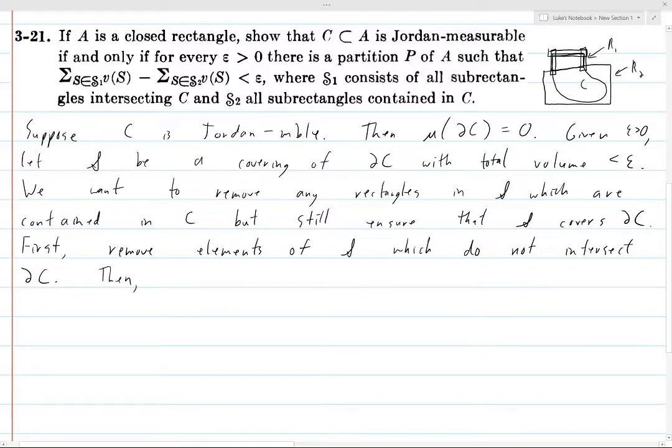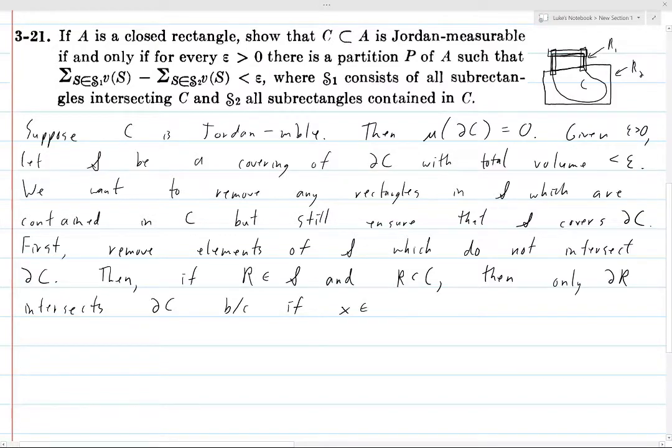So then, after doing this, if R is in this collection S and this rectangle R is contained in C, then only the boundary of R intersects the boundary of C. And why is this?